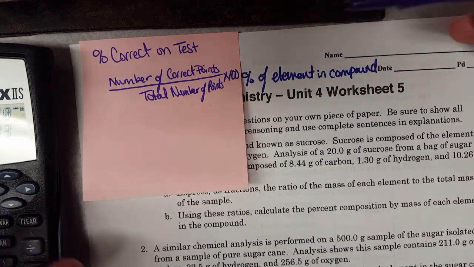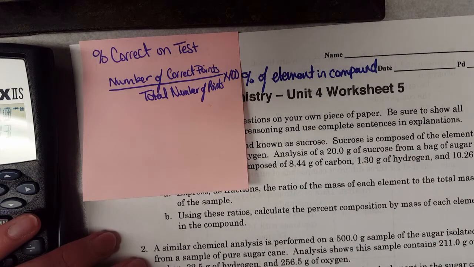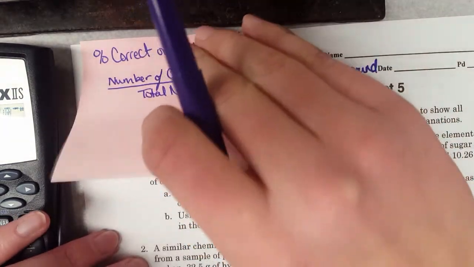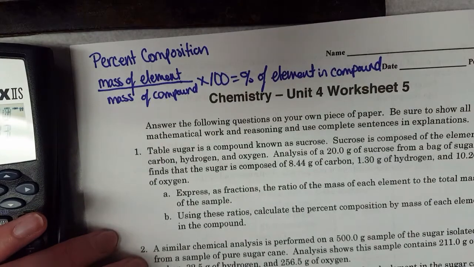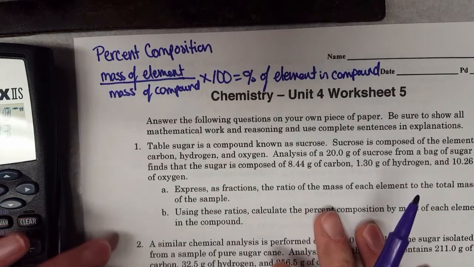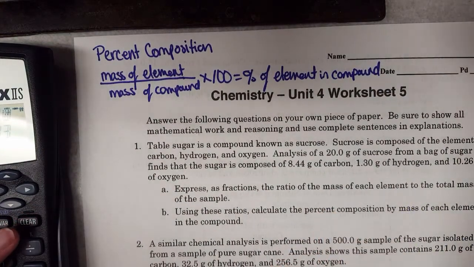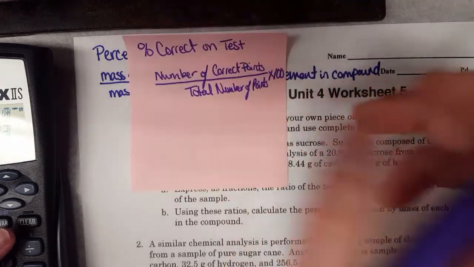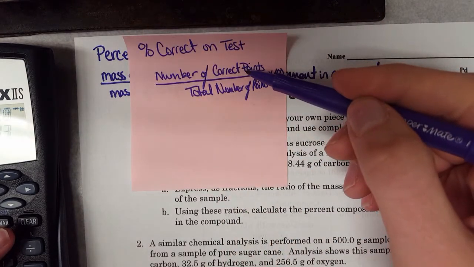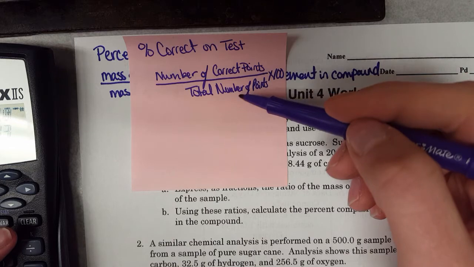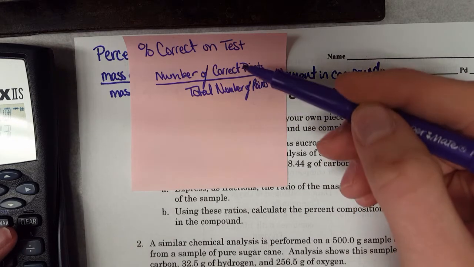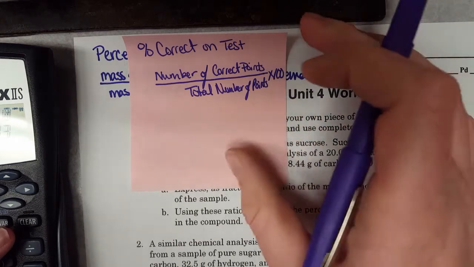And that tells you what percent of the questions you got correct. We're going to do something very similar to that, and this is called percent composition. So when we're looking at your test, you take the part you got correct, divided by the total, or the whole. So a part divided by a whole times 100.